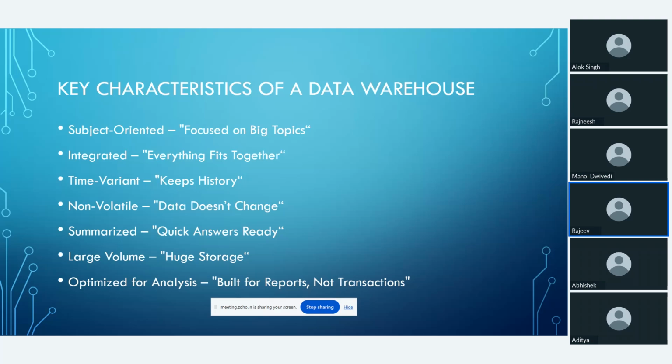I hardly see data get changed in a data warehouse, only in very minimal instances. In my real-time experience, once the data gets approved, before you extract the data and store it into the data warehouse, the data will only be stored after it gets approval from the data steward.